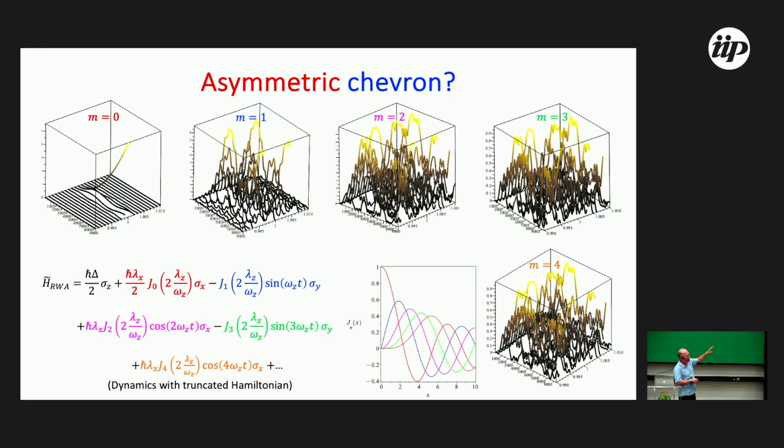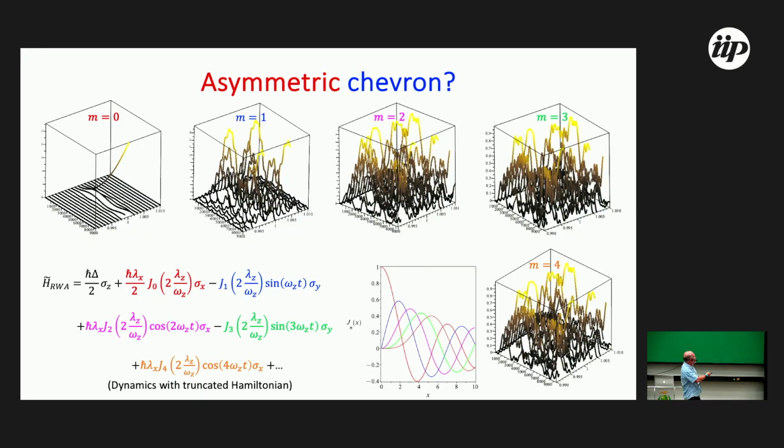Okay, you can go on, but I'm just going to stop because I wanted to point out the idea that you can have this modulation. You can basically suppress the main peak and have sidebands, but you can play with that. I played a lot with it because there's some asymmetry in that chevron. If you look at it carefully, you see that the upper part and the lower part are not quite the same.